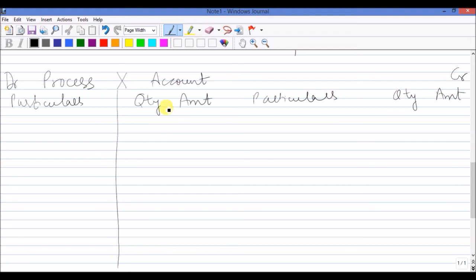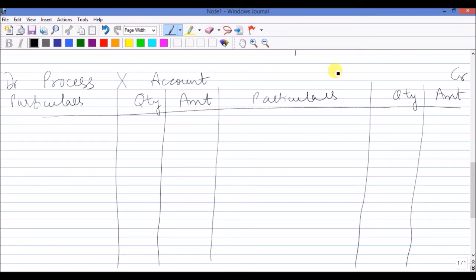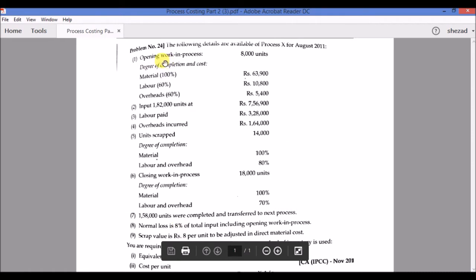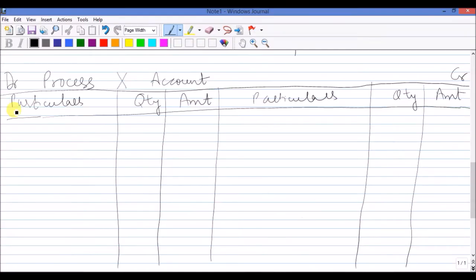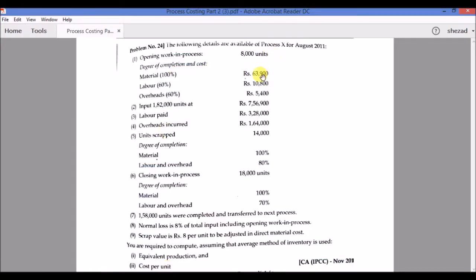Those who are following the lecture will understand it better. You all might have something in your mind: what is the difference between FIFO and weighted average? My friends, the difference is going to come very soon in the next working note, so have patience. The opening work in progress is 8,000 units, so this I'm going to write. Material, labor, and overheads, all three I'm going to add together.